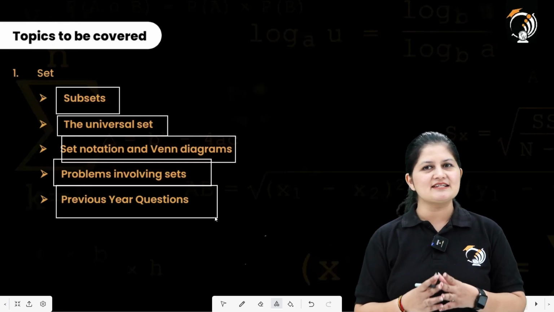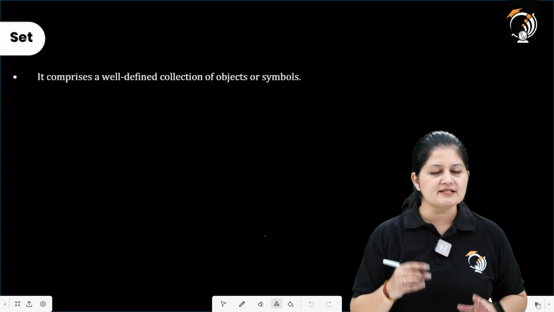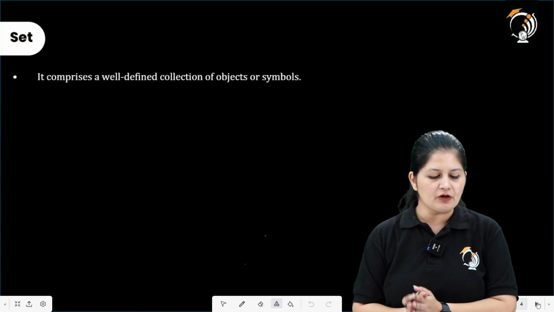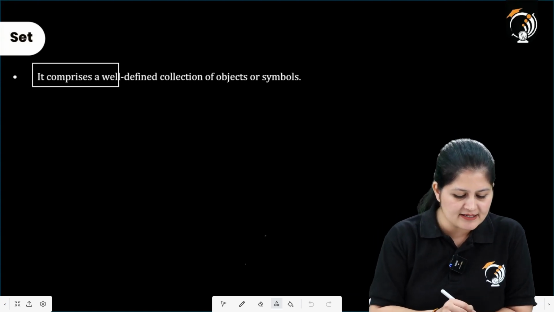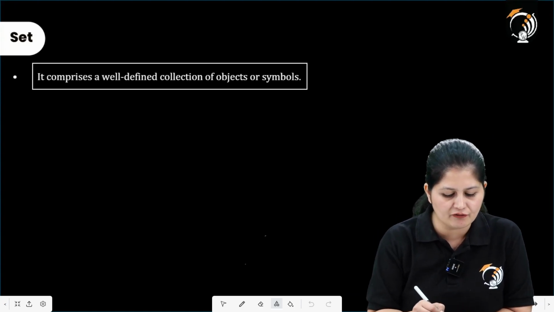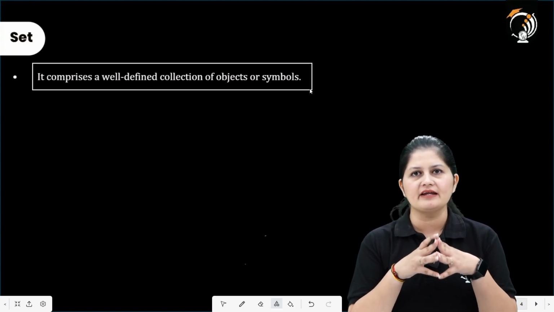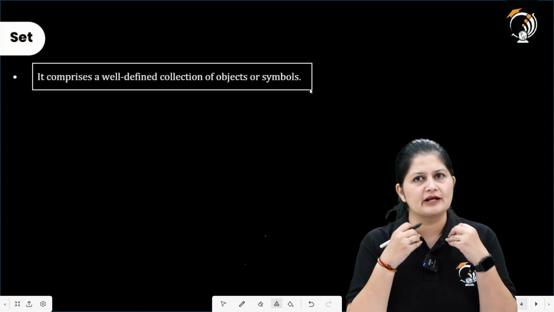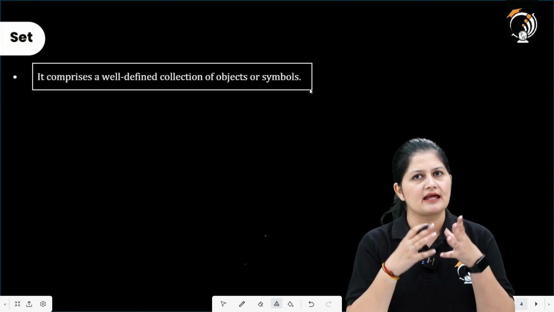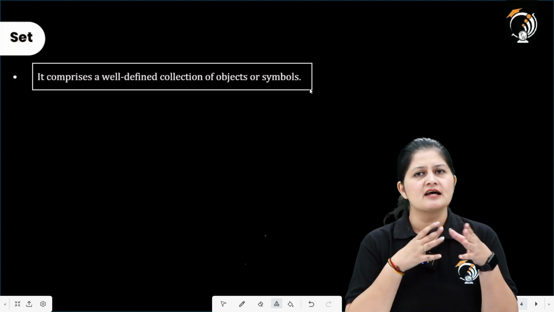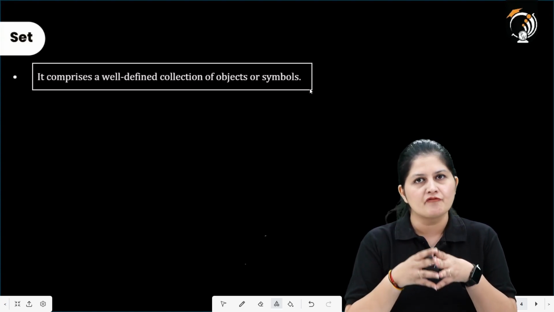Firstly, let's understand what a set actually is. A set comprises a well-defined collection of objects or symbols, whether numbers, symbols, objects or anything that has something common that we can figure out.